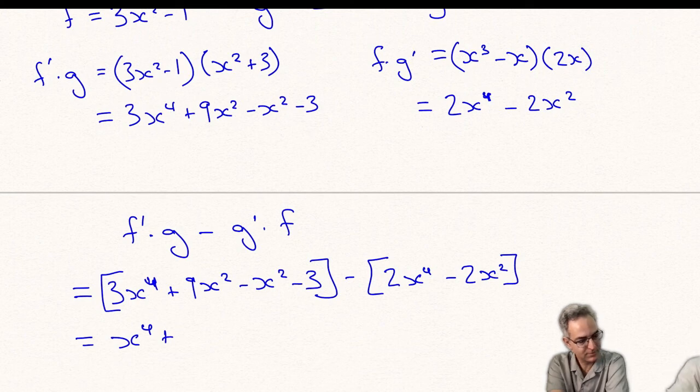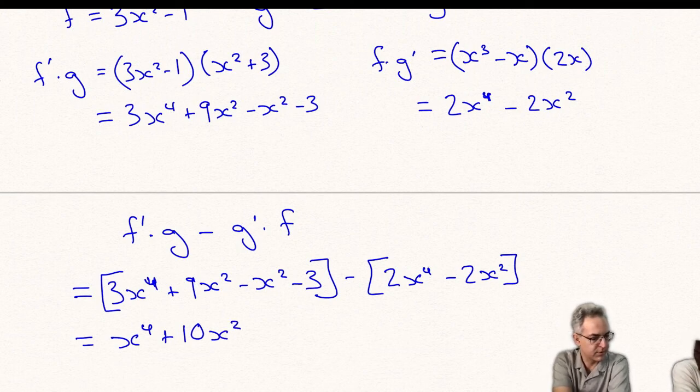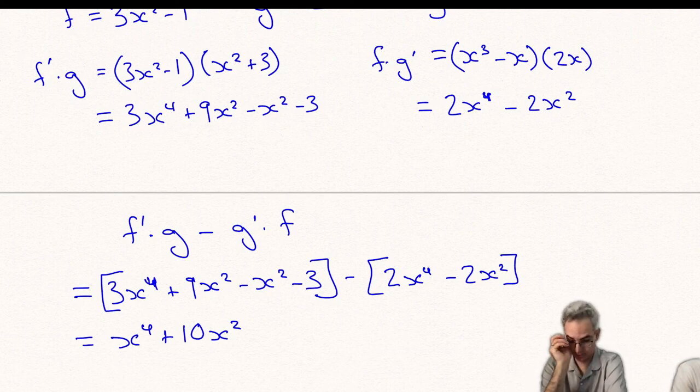Oh, it's 2x squared. Okay. So 9 minus 1 is 8, minus this 2 becomes positive, so 8 plus 2. That's 10. So we have plus 10x squared. And anything else? Then we just have minus 3.